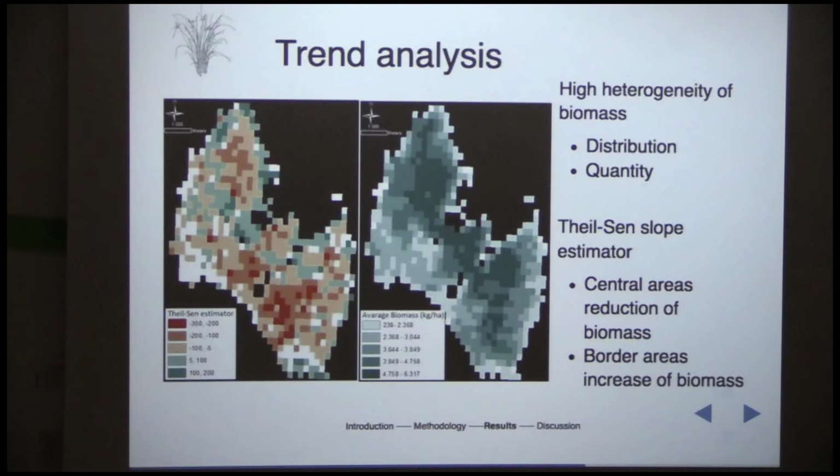If you juxtapose this map with the average biomass production for these 15 years, in general, in areas with more production the vegetation is decreasing, and in areas with less production, the borders, the vegetation is increasing. Although this is true, it's important to carefully interpret the results, and I will discuss this later in the discussion section.